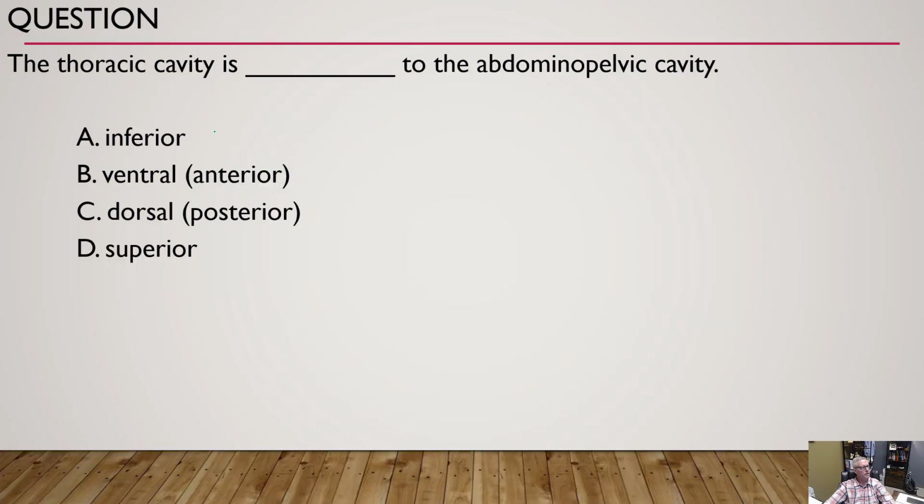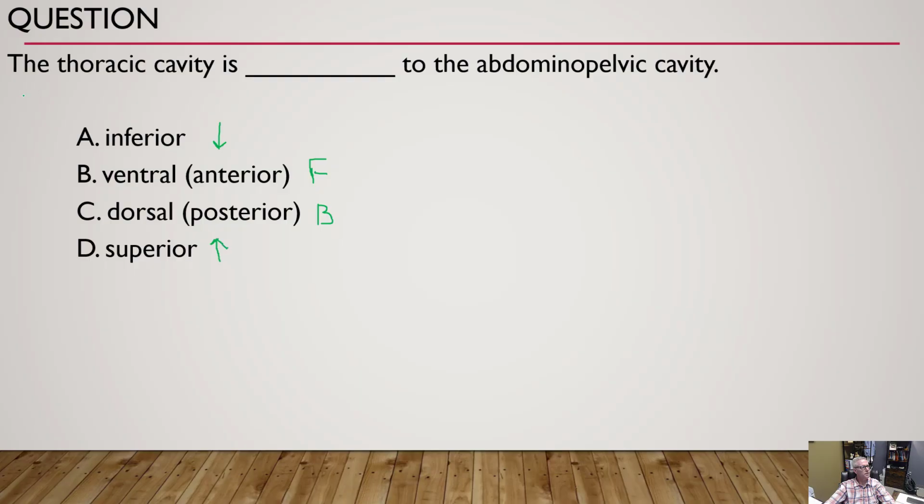Inferior means below. Ventral or anterior means towards the front. Dorsal or posterior means towards the back. Superior means above.